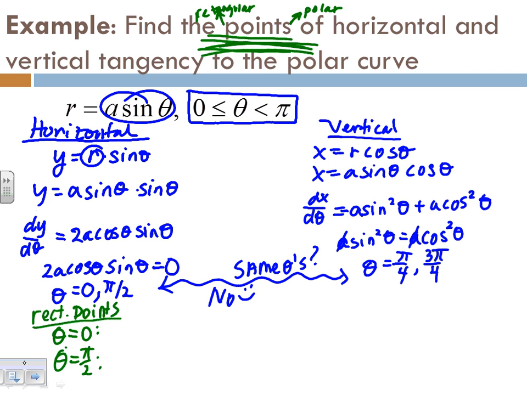So where am I going to plug in my theta to be 0 to get an x, remember an x comma y? Where can I find an x when theta is 0? Right here, there's an x, there's a y. So go plug in your 0 and what do you get out? 0, 0. Do the same thing with all the rectangulars in green.